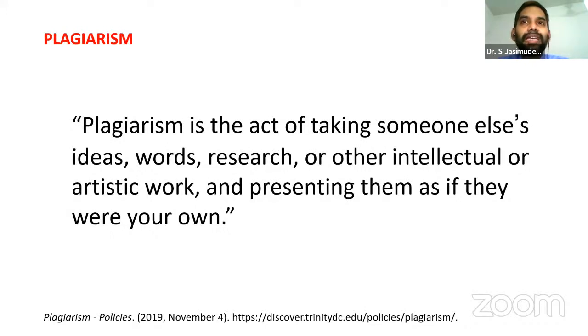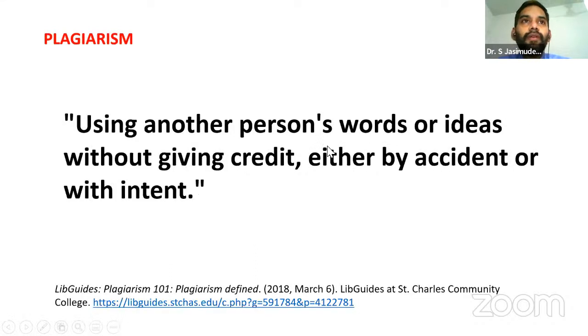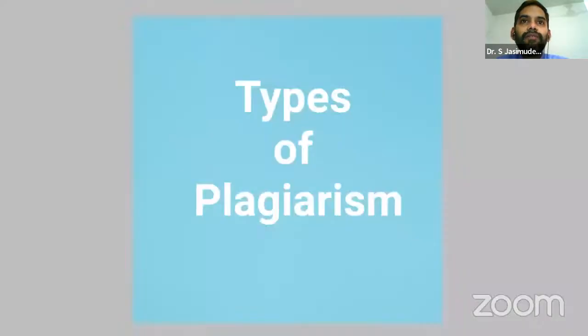Plagiarism is the act of taking someone else's ideas, words, research, or other intellectual or artistic work and presenting them as if they were your own. This is another one: using another person's words or ideas without giving credit, either by accident or intent. That means plagiarism can happen unintentionally, by accident, or with intention.